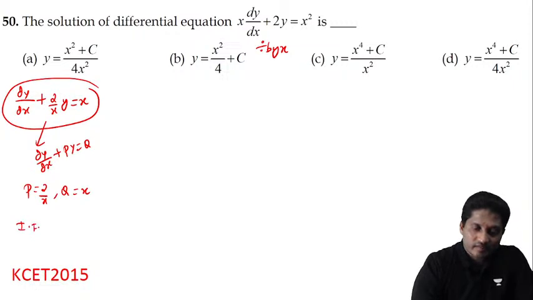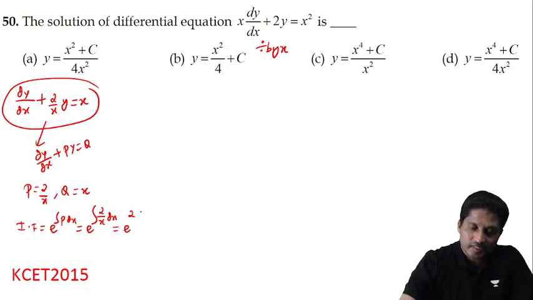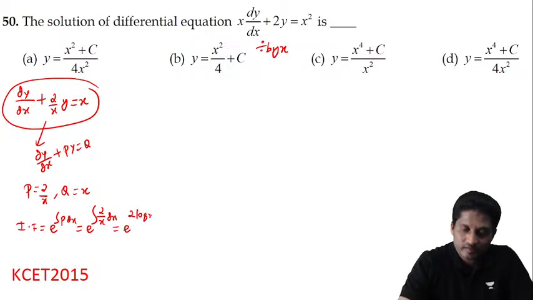The integrating factor is e to the power integration of P dx, e to the power integration of 2 by x dx, e to the power 2 times integration of 1 by x, which is 2 log x, that is log x square. e to the power log x square is x square only.